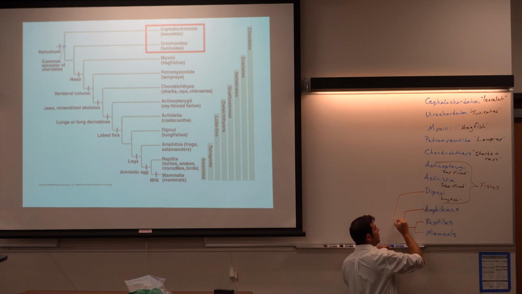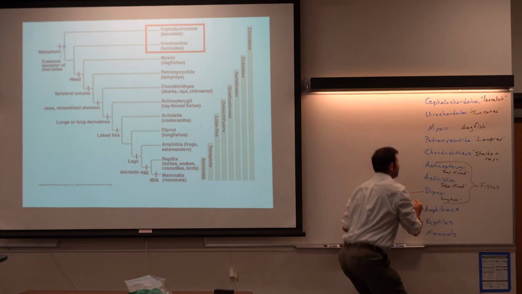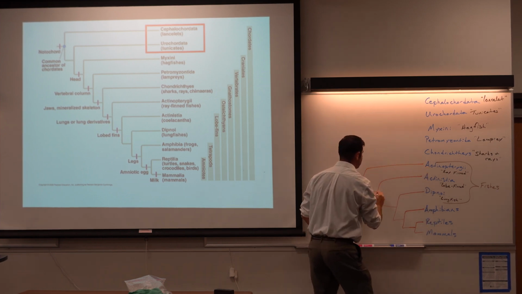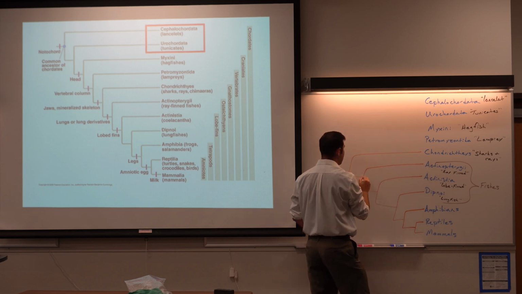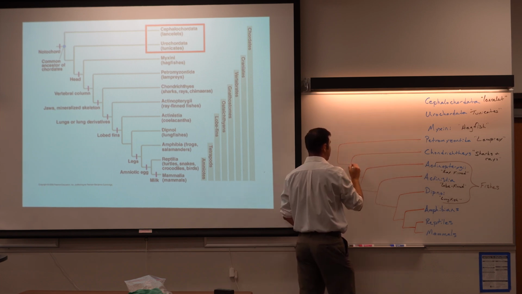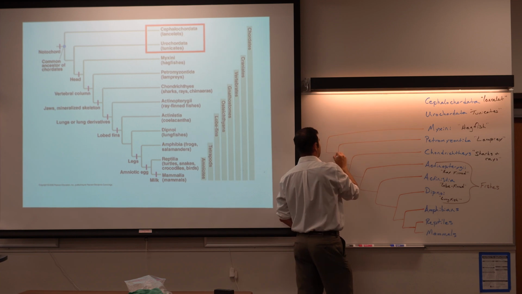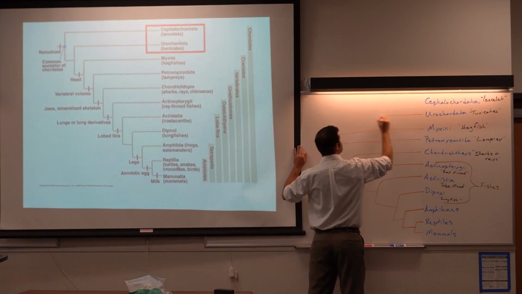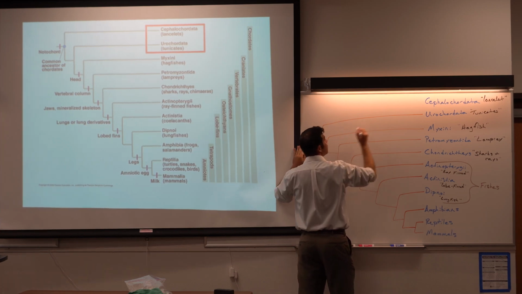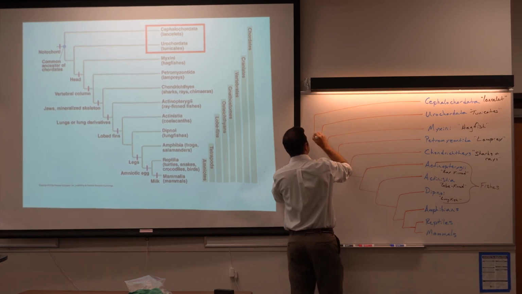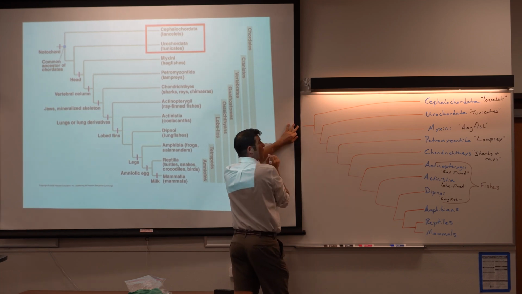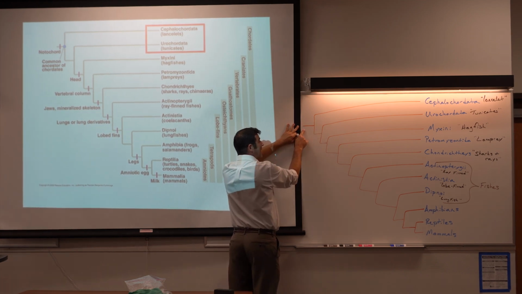We're going to do the same thing for this Dipnoi class, the lungfish, the lobe-finned fish, the ray-finned fish, the cartilaginous fish, the lampreys, the hagfish, and then even these two groups, Urochordata and Cephalochordata.